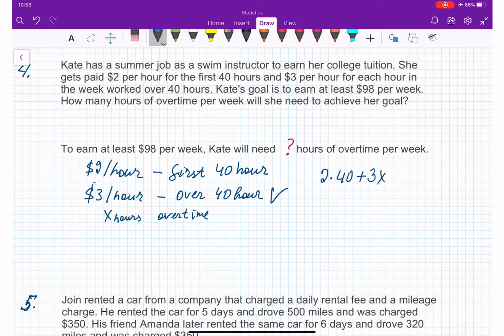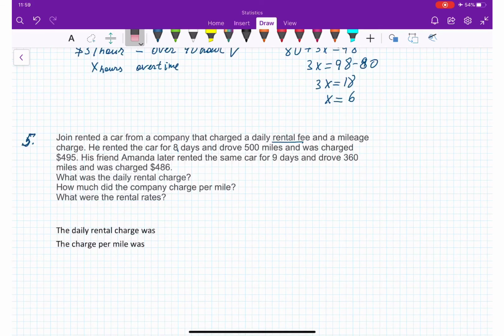And the total is going to be $98. So 80 plus 3x is equal to 98. 3x is equal to 98 minus 80. So 3x is equal to 18. X is equal to 6. So she's going to work 6 hours overtime.